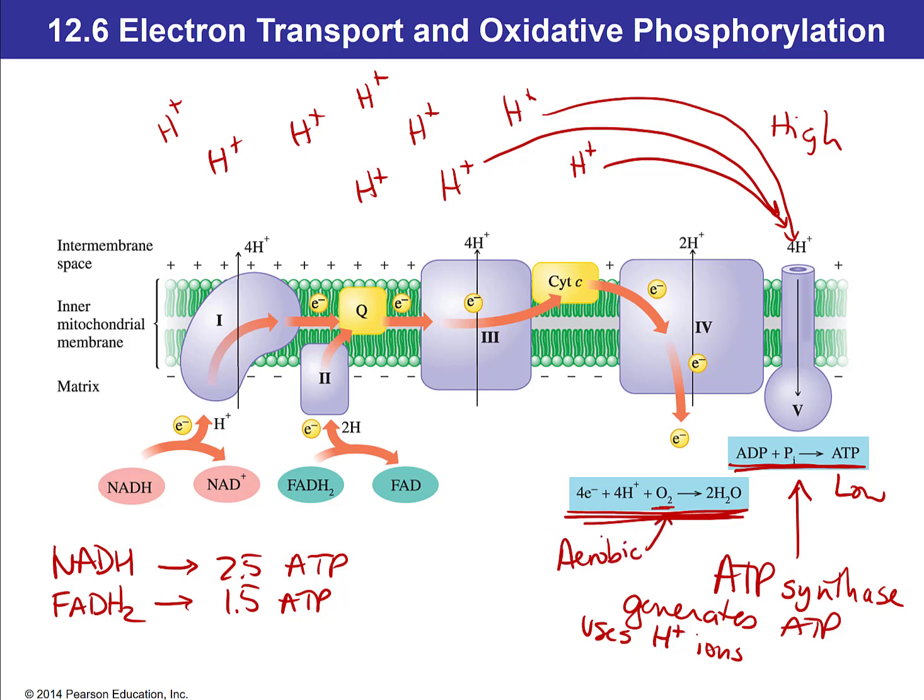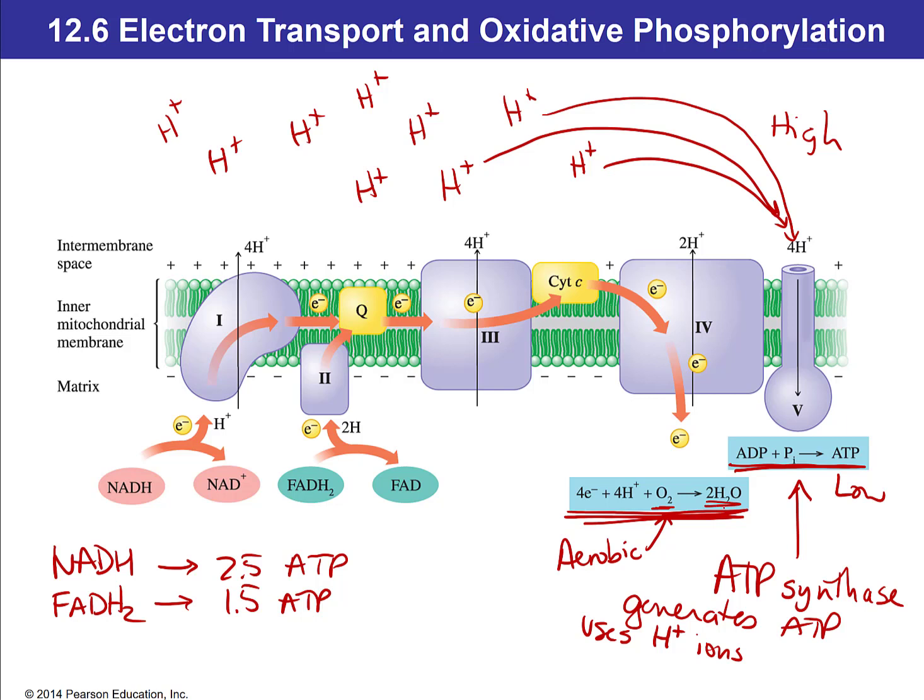In order to do the last 2 steps, you have to have oxygen. If you don't have oxygen, then too much NADH and FADH2 builds up in the cell, and you can't continue to run this because there's got to be some place for the hydrogen ions and electrons to go. So that's why it's an aerobic process.